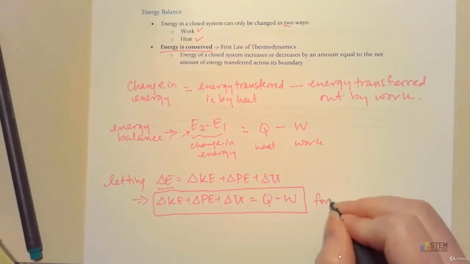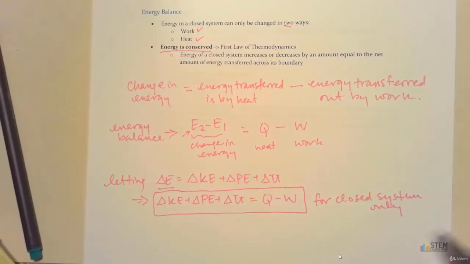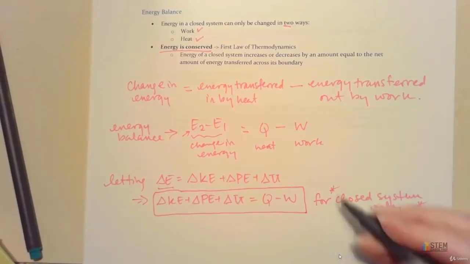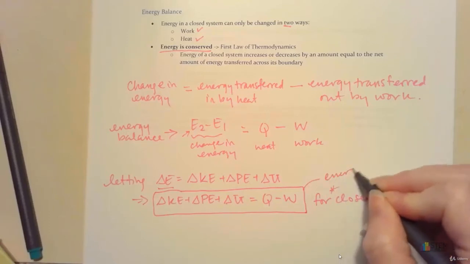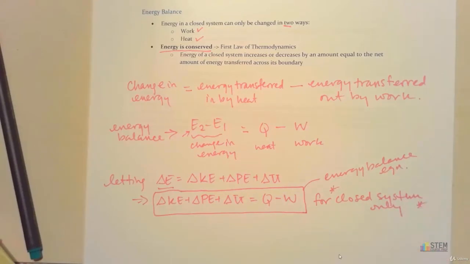And this is for a closed system only. Once we got mass flowing in and out, this equation is going to get a lot longer. Okay, so closed system only. But this is our energy balance equation. So when I refer to the energy balance equation, that's the one I'm talking about. And we will refer back to this a lot, as long as we're talking about closed systems.